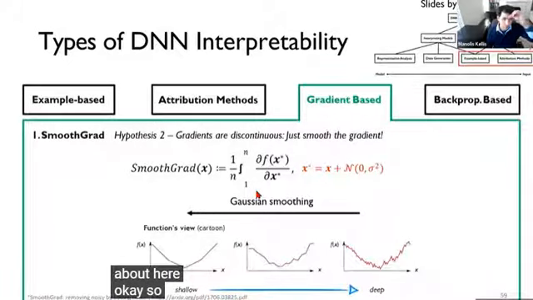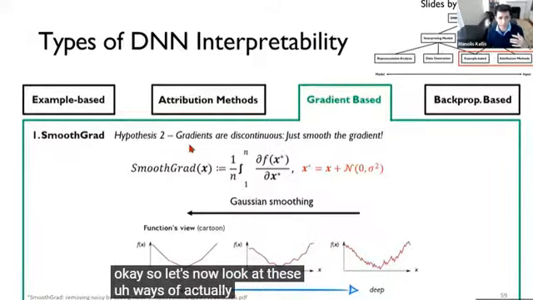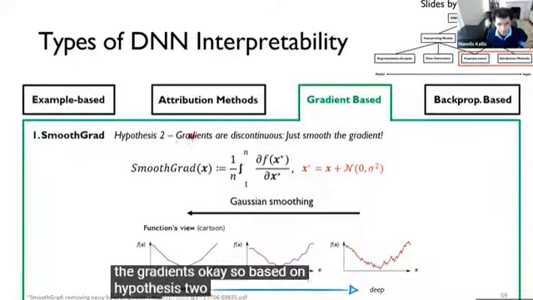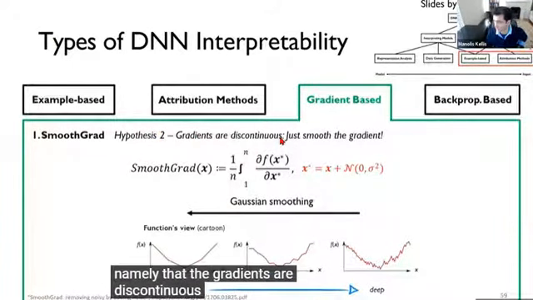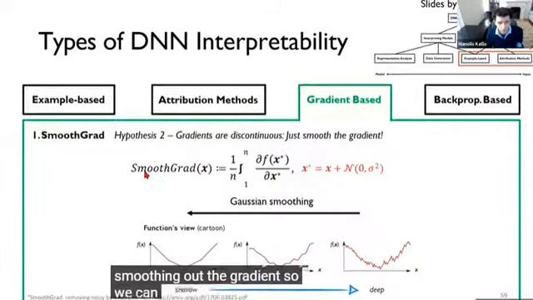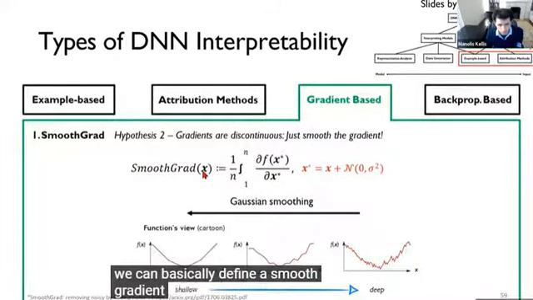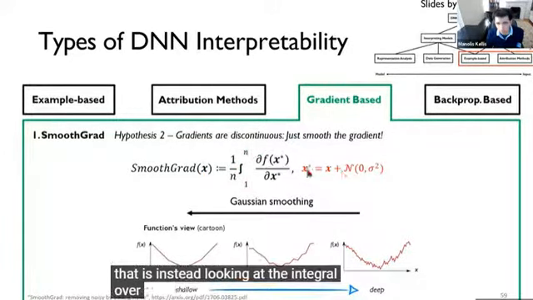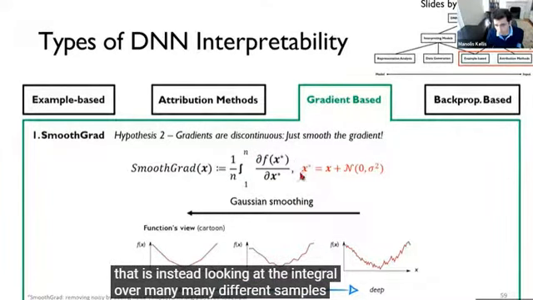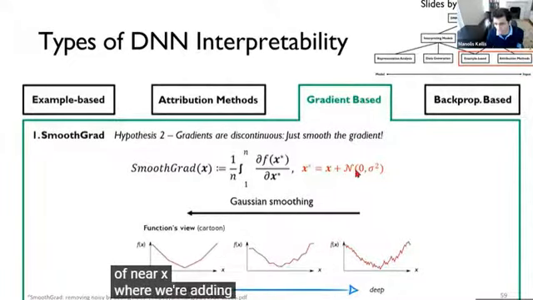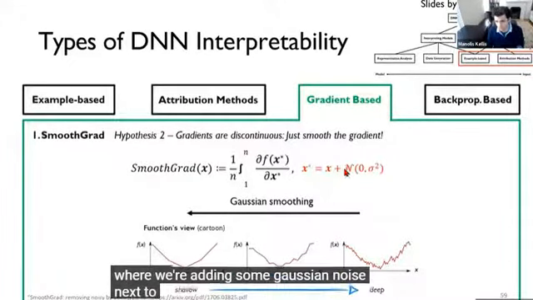Okay, so let's now look at these ways of actually smoothing the gradients. Okay, so based on hypothesis 2, namely that the gradients are discontinuous, we could just try smoothing out the gradient. So we can basically define a smooth gradient function that is instead looking at the integral over many, many different samples near x, where we're adding some Gaussian noise next to x.